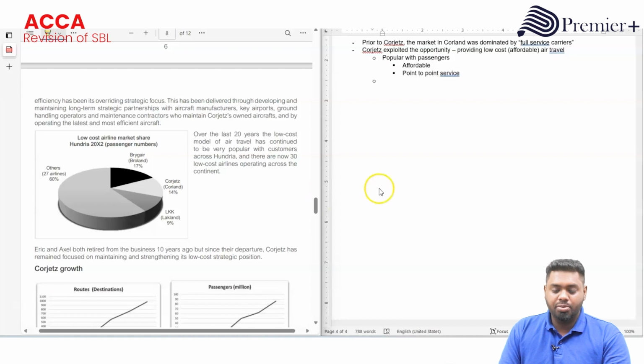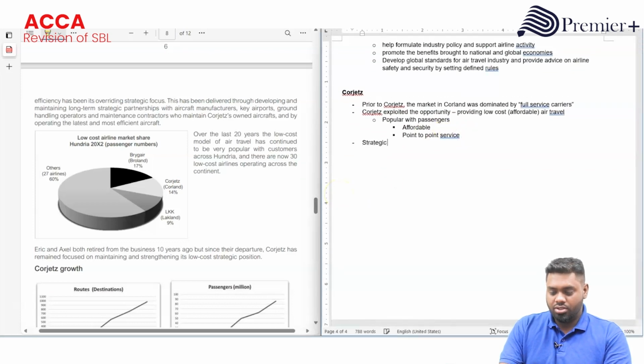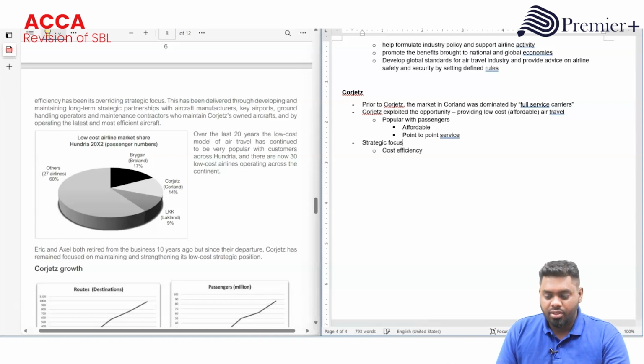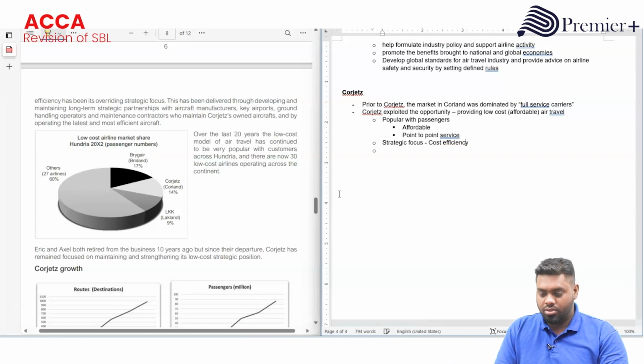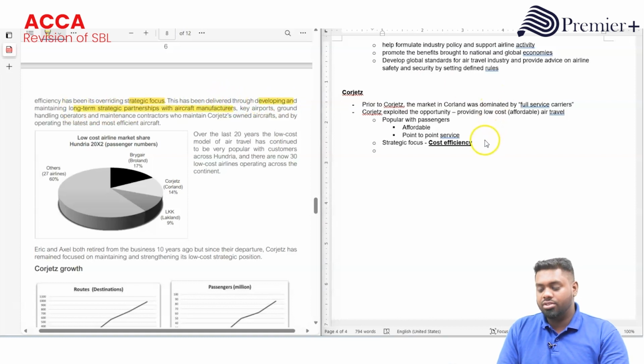Cost efficiency has been its overriding strategic focus. Strategic focus is cost efficiency. This has been delivered through developing and maintaining long-term strategic partnerships with aircraft manufacturers.